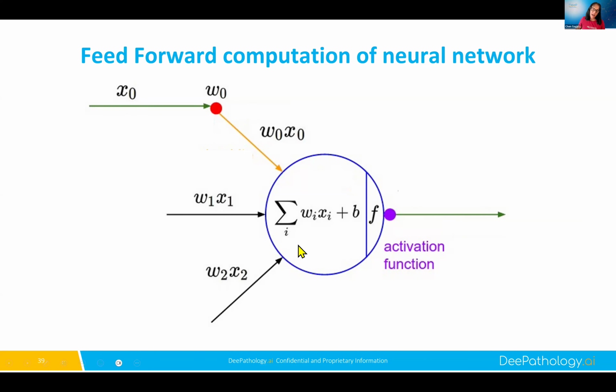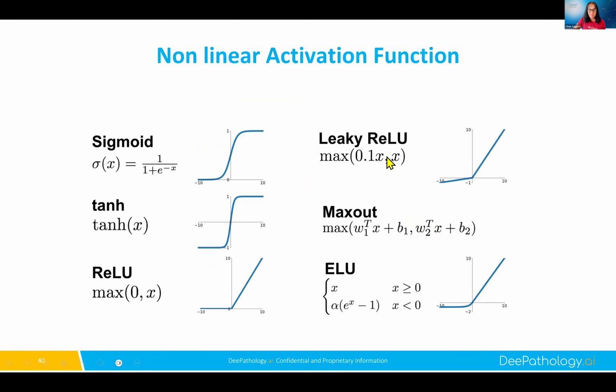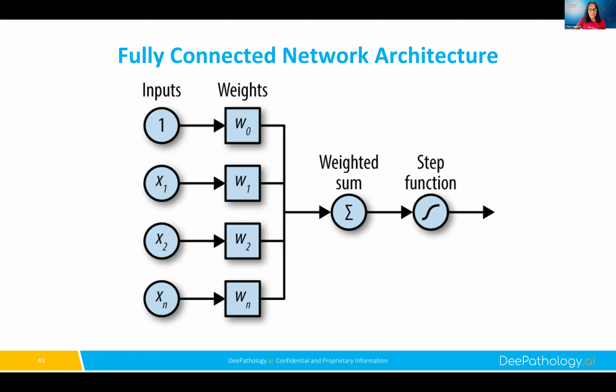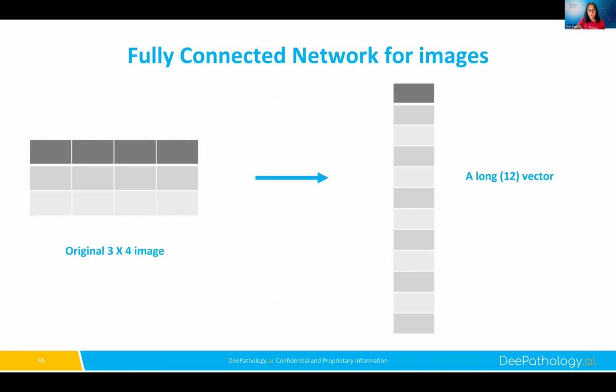So only a weighted average which exceeds this activation function is transferred further in the neural network. Then we talked about the fully connected network where all the inputs take part in the calculation. This is usually done in the very last layers of a deep neural network.